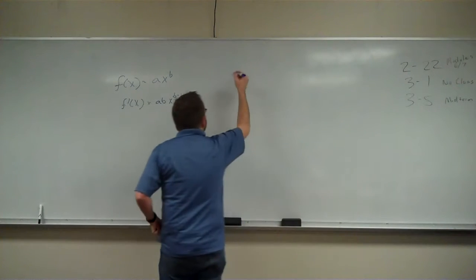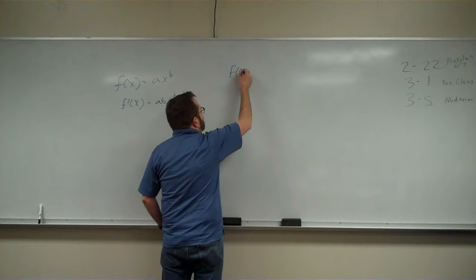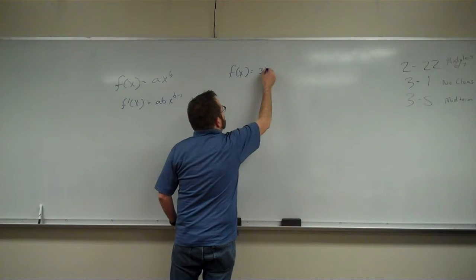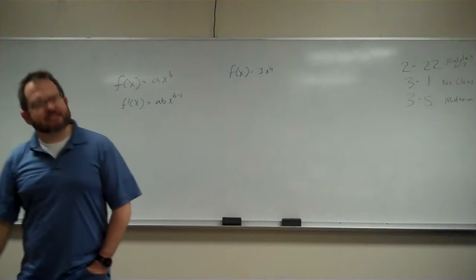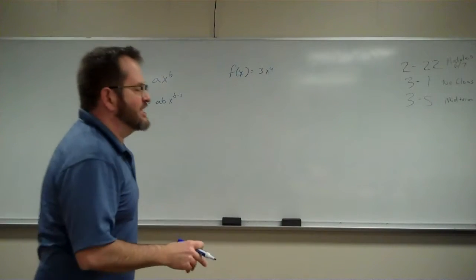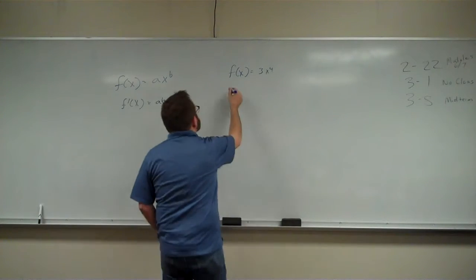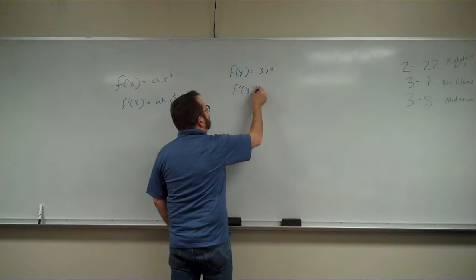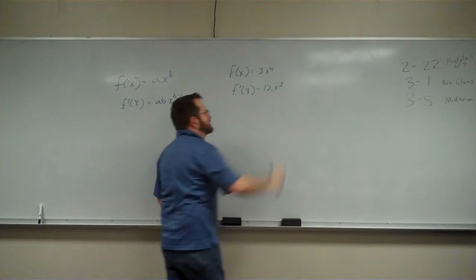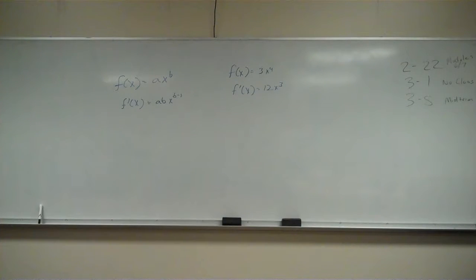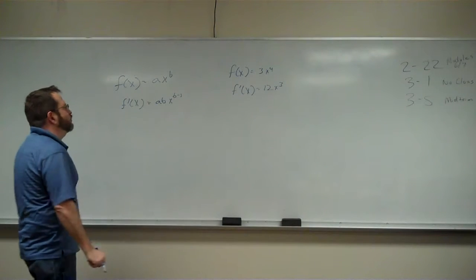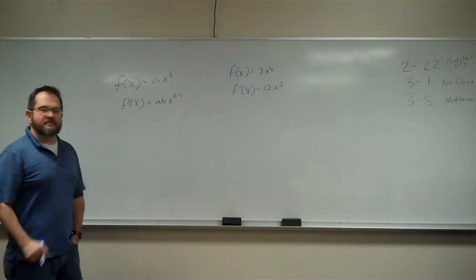Where, like, if the function was 3x to the 4th power, you worked and worked and worked and did the limit as h approached 0, and you did the magic factoring, and you did the canceling, and so on. Whereas now we know by the power rule for derivatives, this is just 12x cubed. Because we just pulled the 4 down in front, 3 times 4, and we lowered the power by 1.